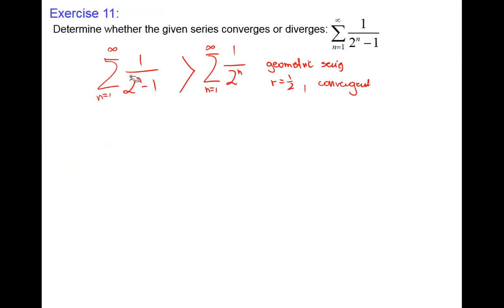Everything that is greater, I don't know. This could be a huge number, could be convergent too. But what is important to say is that the direct comparison test doesn't work. It's inconclusive for this example because of that minus. That means we can't use the direct comparison.